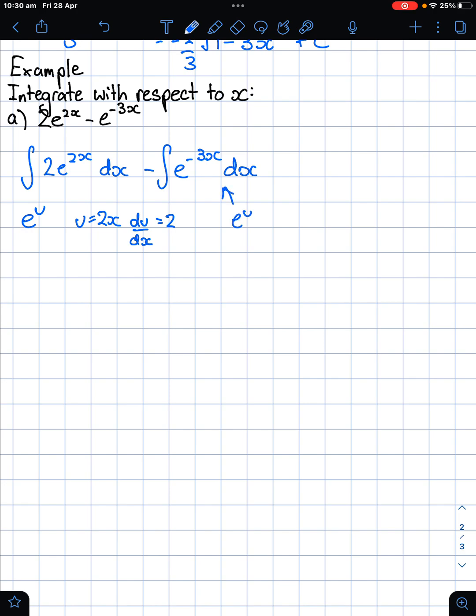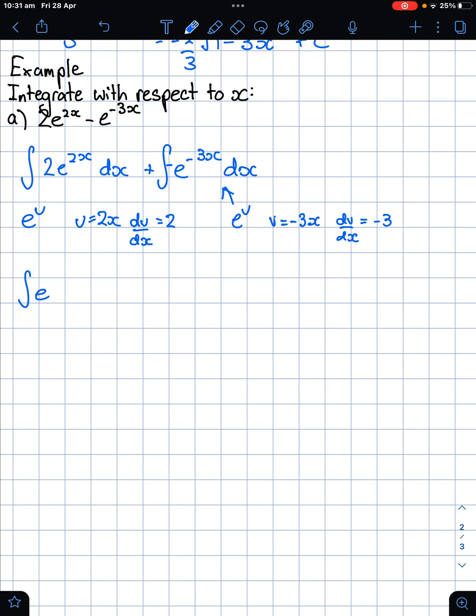I'll use v for this one just because we've got u here. So v would be v equals -3x, which means dv/dx equals -3. So maybe I'm going to leave this negative inside. So I might just plus and negative there.